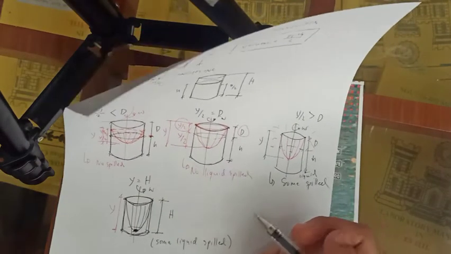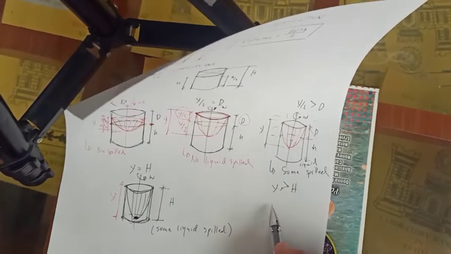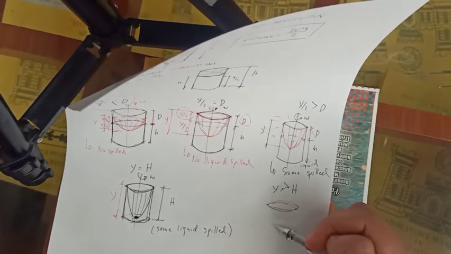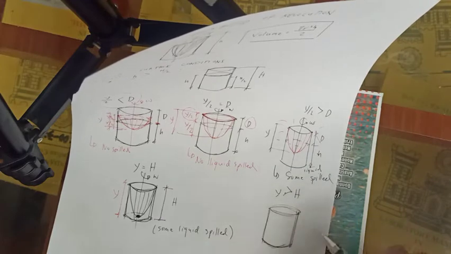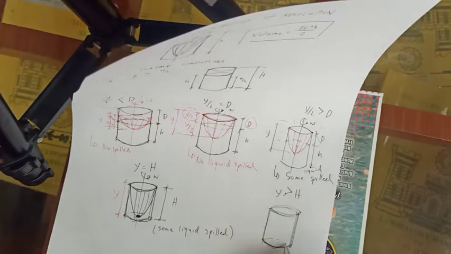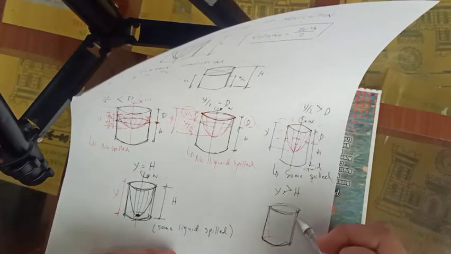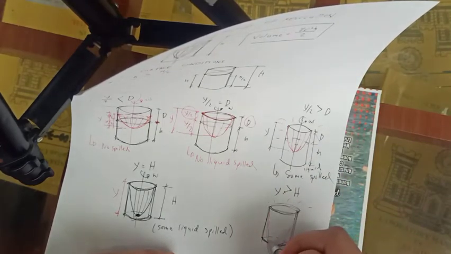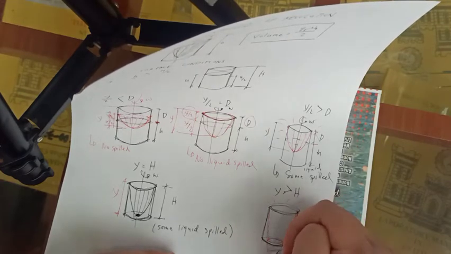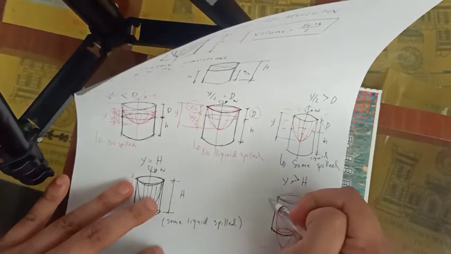What if y is greater than H? Let's assume y is exaggerated in the drawing, and it goes past the bottom of the vessel.